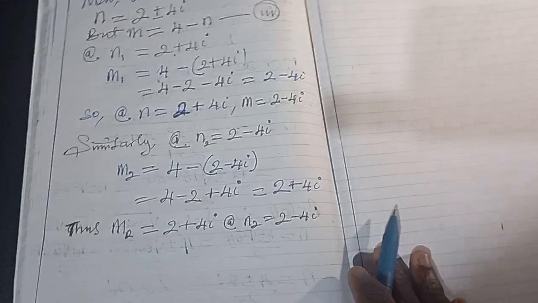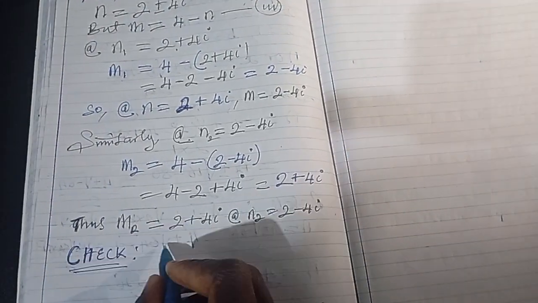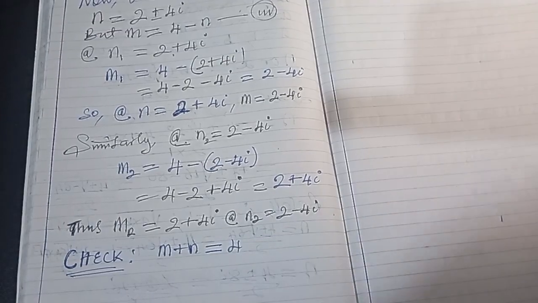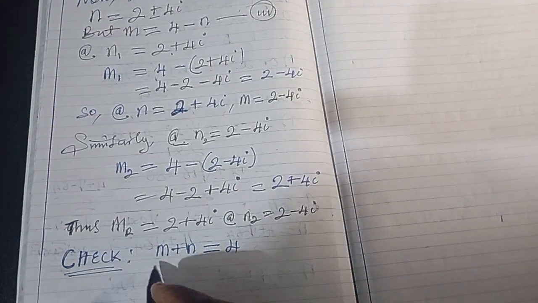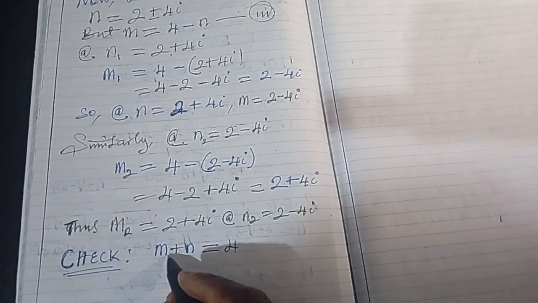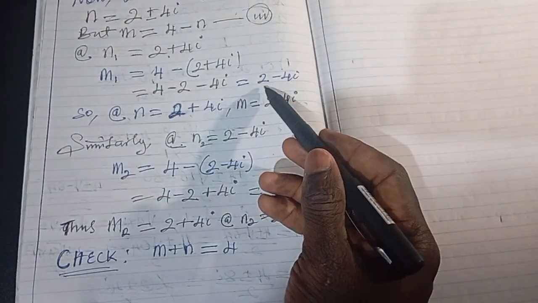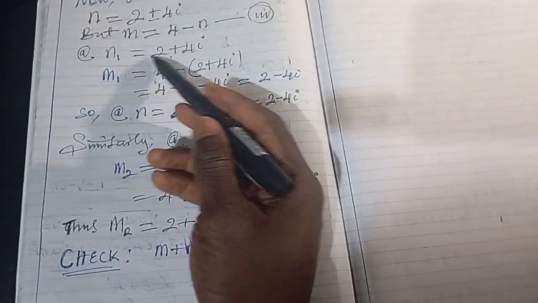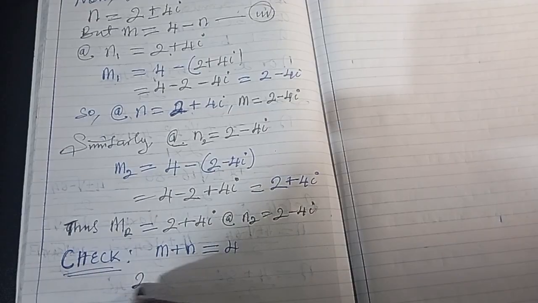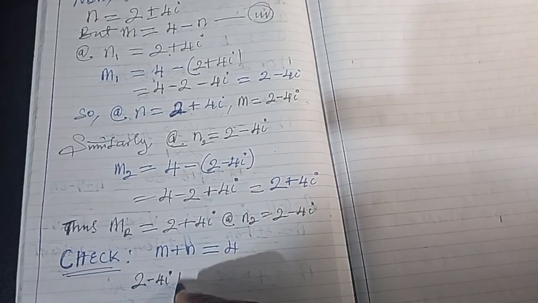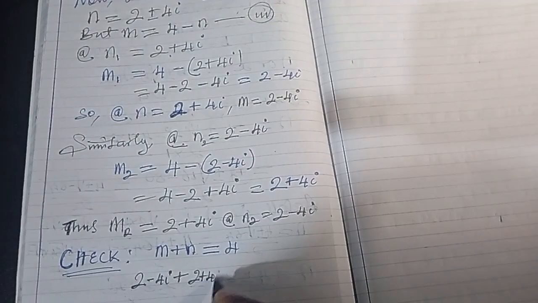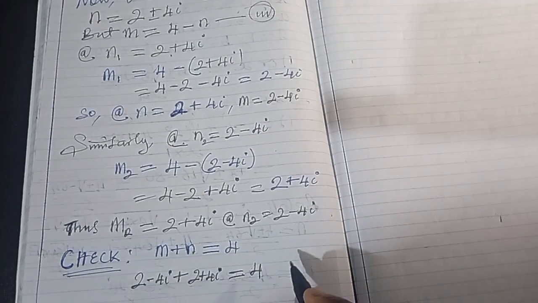Now let's check. We had that m plus n is equal to 4. So let's substitute the values of m1 and n1. Our m1 here is 2 minus 4i, then n1 is 2 plus 4i. Will it give us 4?